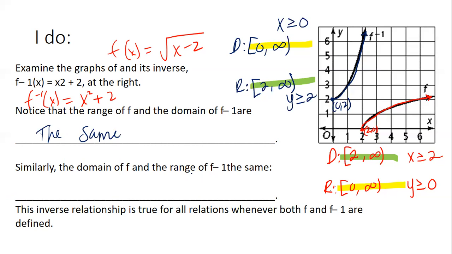And when you look at the domain of our original function and the range of our inverse, what do you notice? The same. So what that means is that, in summary, for all functions, the domain of f of x is the range of the inverse.